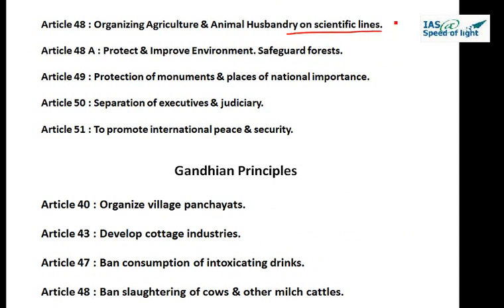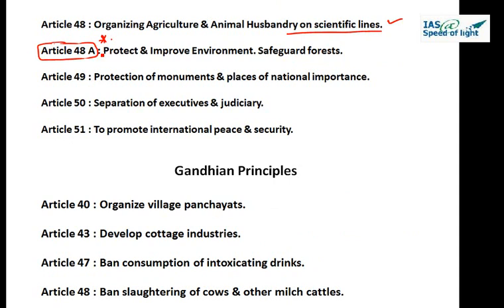These things we have covered in mnemonics as well. 48A: protect and improve the environment and safeguard forests. Anything related to environment and forest becomes very important, so under the directive principles of state policy, 48A deals with environment and forest.